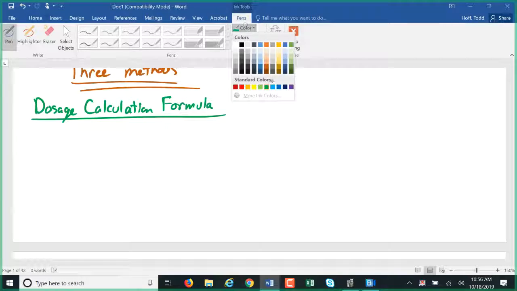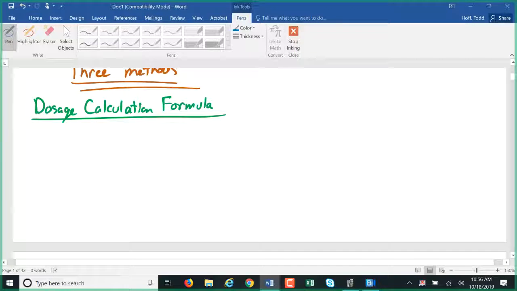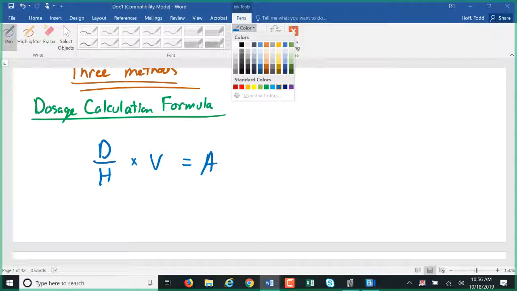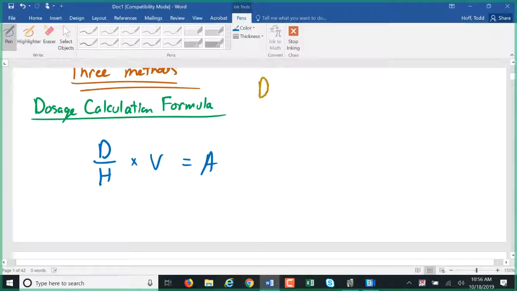The dosage calculation formula is D over H times V equals A. So let's define some vocabulary here. D, the doctor's ordered dose.